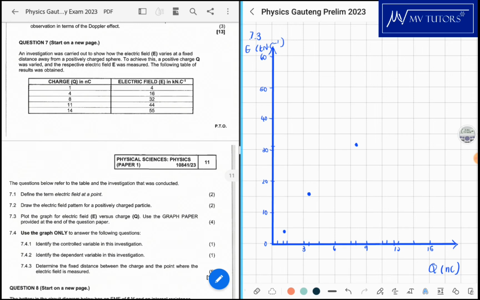Okay, let's see. 11, 44. Probably around here somewhere. And then 14 and 55. 14, 55.